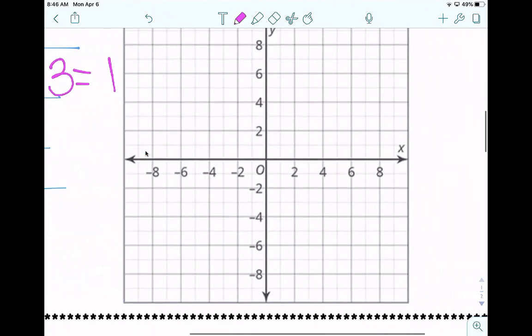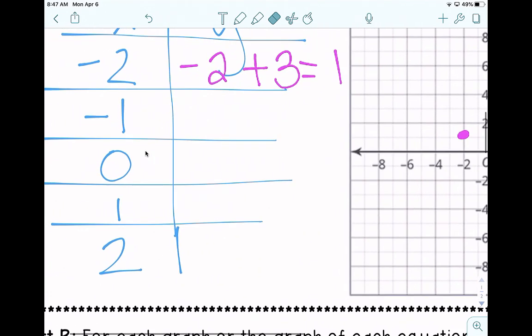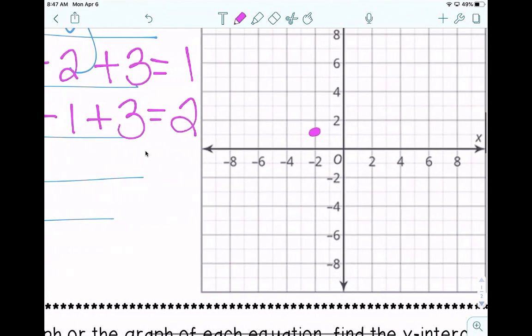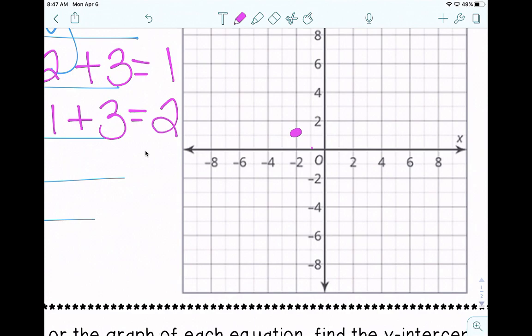So in my graph, I go to -2, up to 1, and I put a point. Now you don't have to add these extra little lines. It's just showing you where (-2, 1) is. Now I have -1, again plus 3, and I get 2. So I go to my graph, (-1, 2), and put a point.